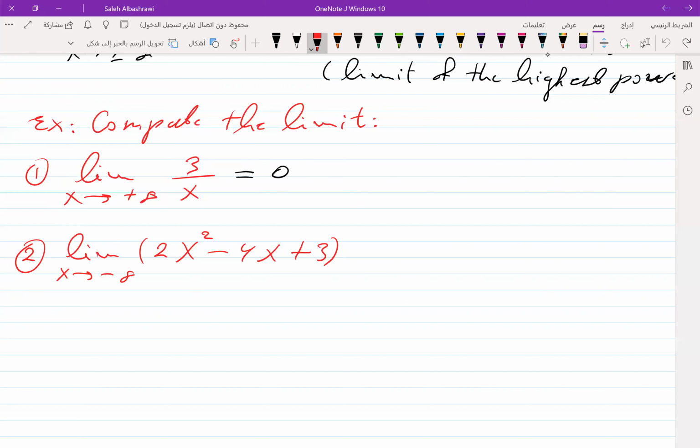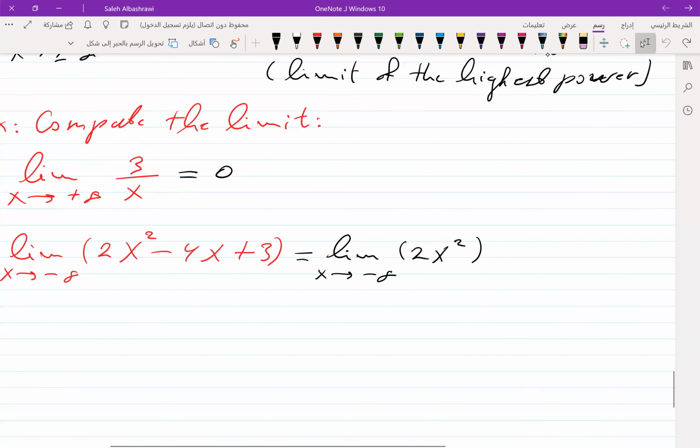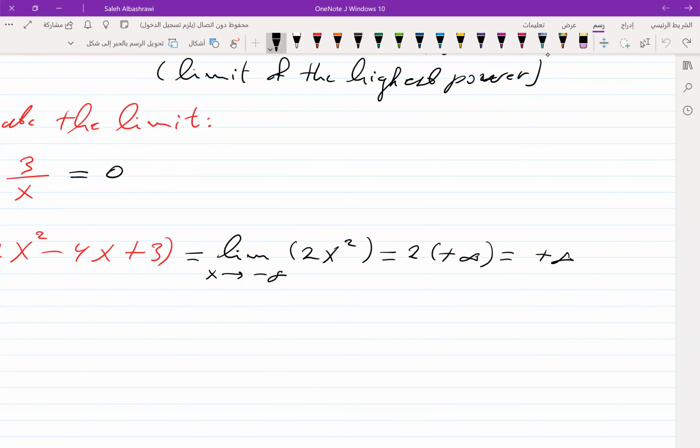So this will be equal to the limit of 2x squared as x goes to minus infinity. Now x goes to minus infinity is negative, but with the square it will be positive. So this will be 2 multiplied by plus infinity, so I will have plus infinity.